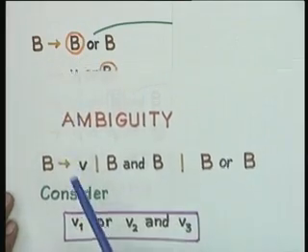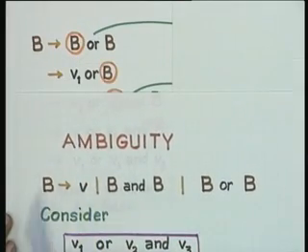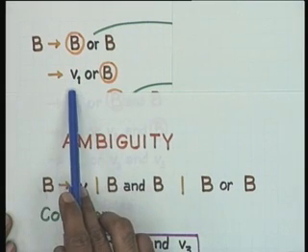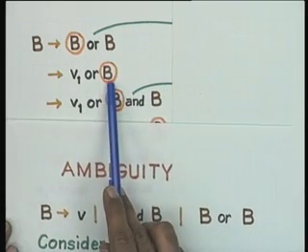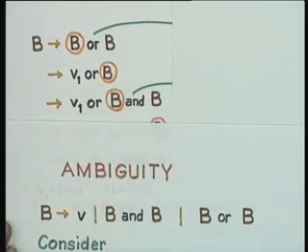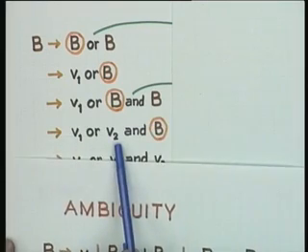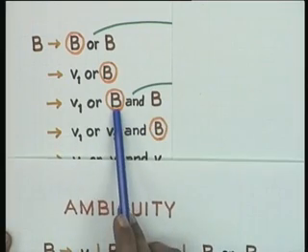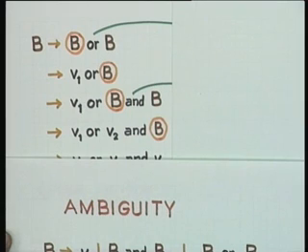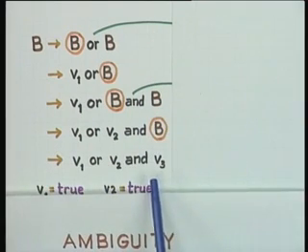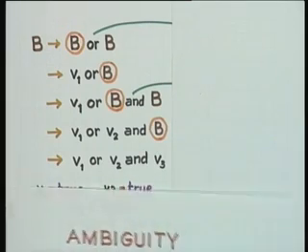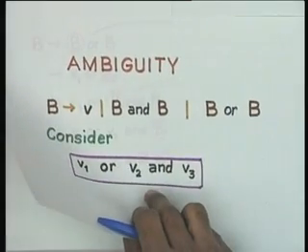Since my first symbol has to be V1, I do not really have any other alternative. So, I got V1 or B, then I can replace this by B and B, giving V1 or V2 and B. I can expand this and replace it by V2, and then expand this and get the sentence.